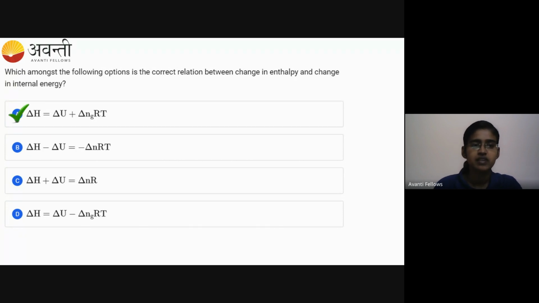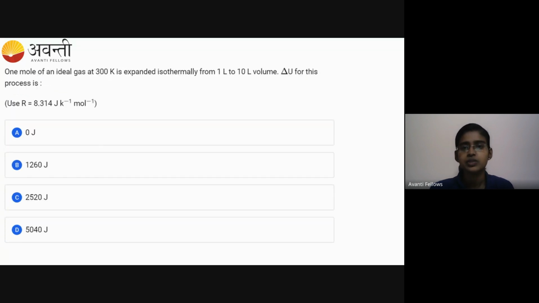Yesterday we discussed this: delta H is equal to delta U plus delta ng RT is the correct relationship between delta H and delta U. Delta H is enthalpy and delta U is internal energy. So this is the answer. Very good. Great. Now coming to the next question.